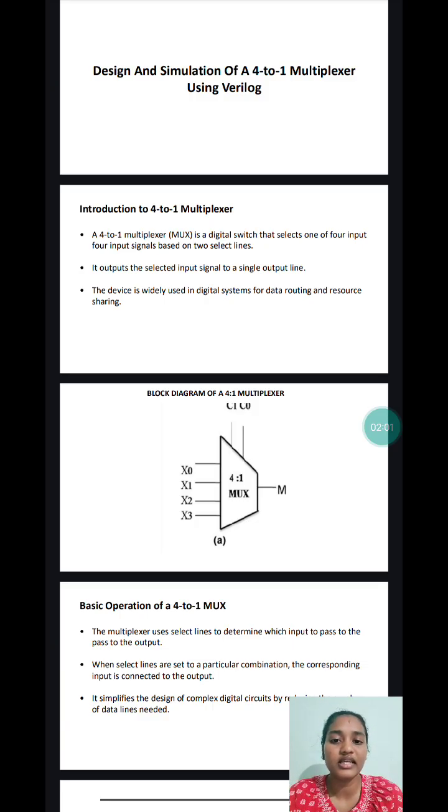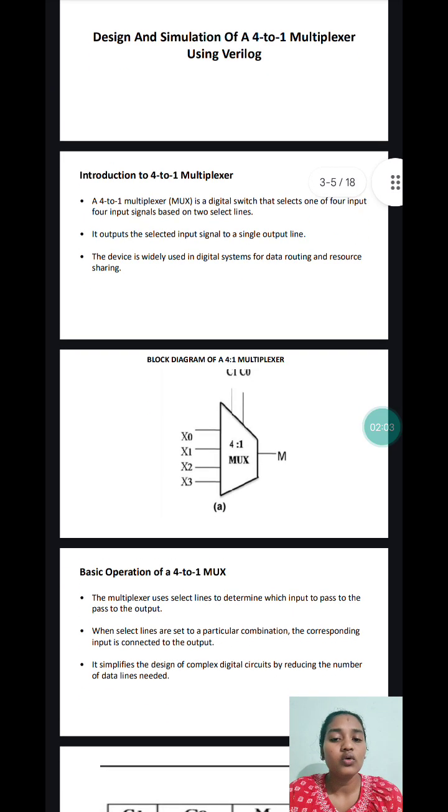It outputs the selected input signal to a single output line. It means not all are formed. It is based on the single input. Only one single input is selected, and the selected input only forms the output. It happens four times, because it is 4 is to 1, it means 4 inputs, one output.